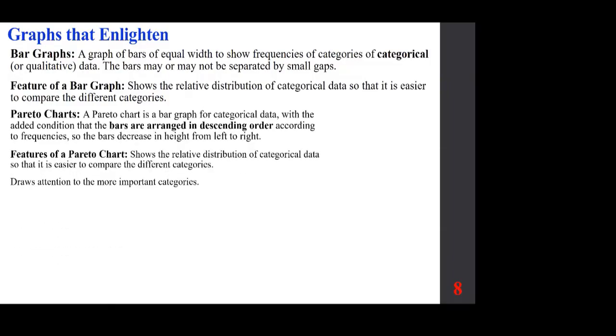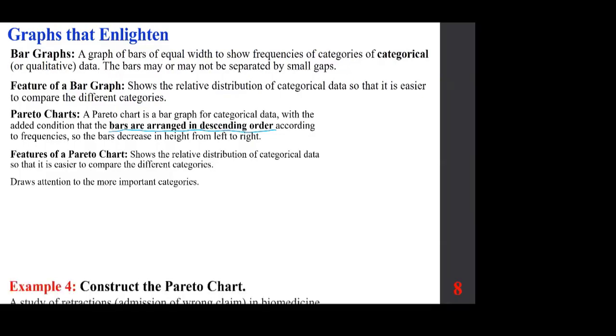It's very similar to histogram. Now, a Pareto chart is a bar graph with an added condition. We arrange the bars in descending order, of course, according to the frequencies or percent frequencies. So therefore, the height goes down as we go from left to right. And again, it has the same feature.